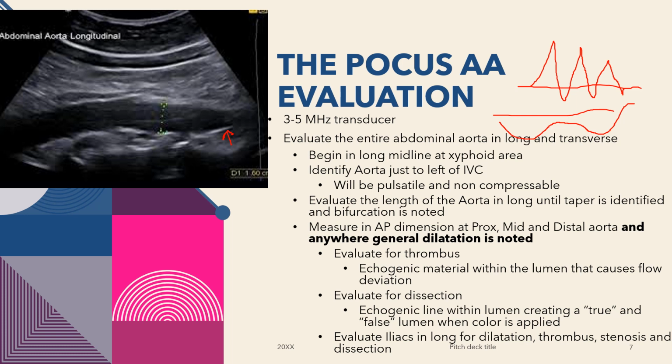Now, when you're measuring a vessel, especially the aorta, because it's an artery, it's going to have thicker vascular walls. And so you want to make sure that you're measuring just from the outside of the vascular wall to the outside of the other vascular wall. The other thing you want to make sure of is that you're not measuring at an angle like this.